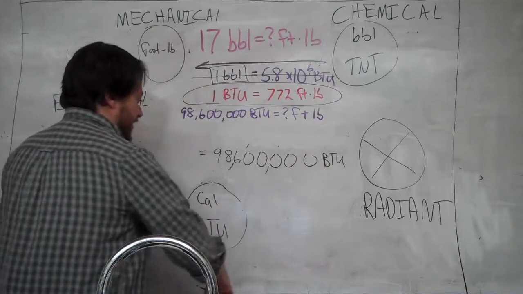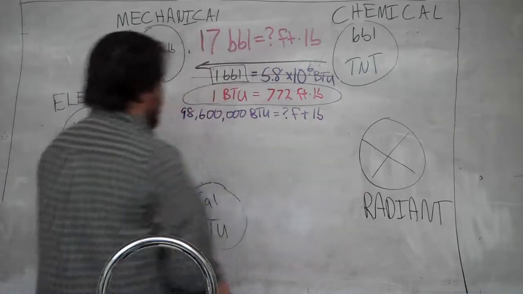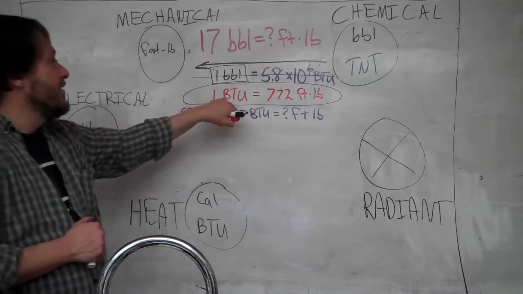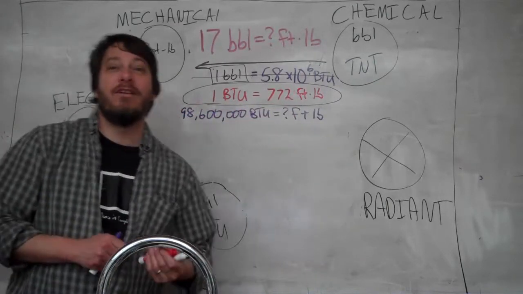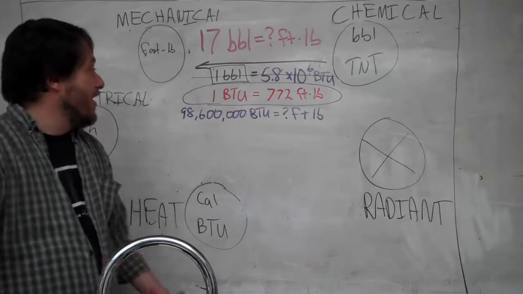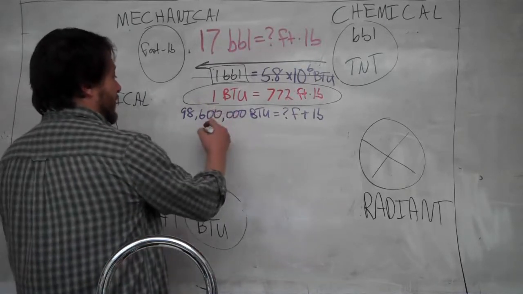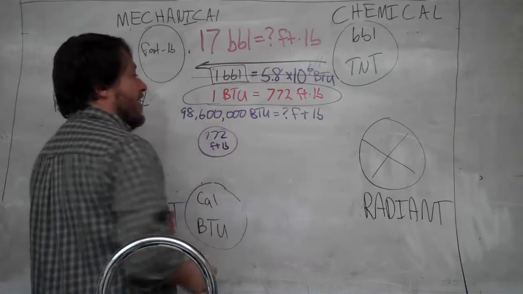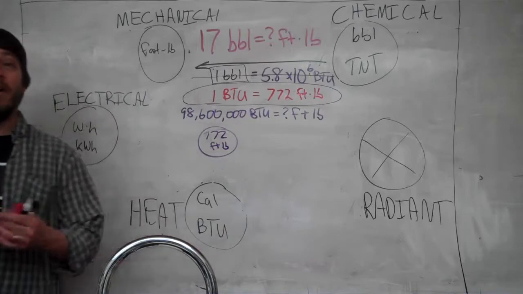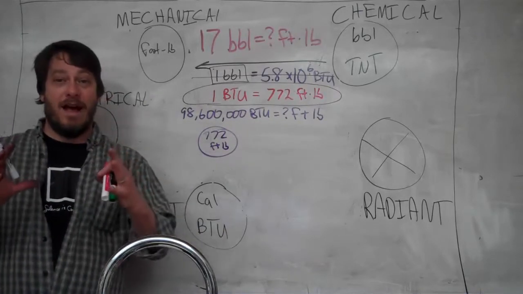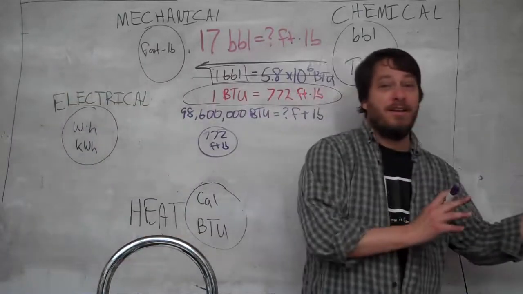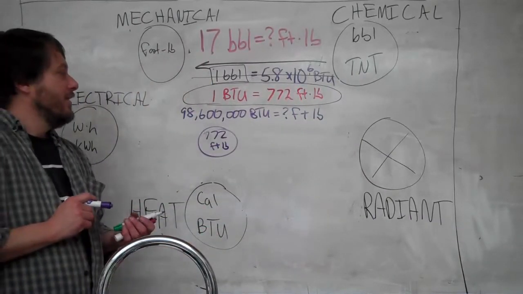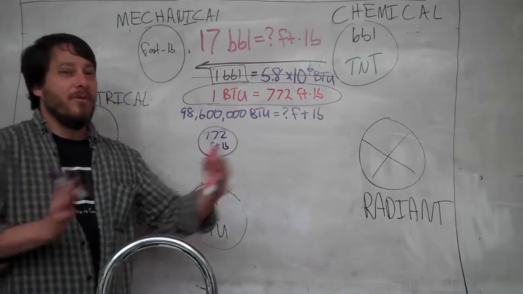Now, 1 BTU equals 772 foot-pounds. So with 1 BTU, we can move one pound of mass 772 feet, or we could move a 772 pound weight 1 foot.